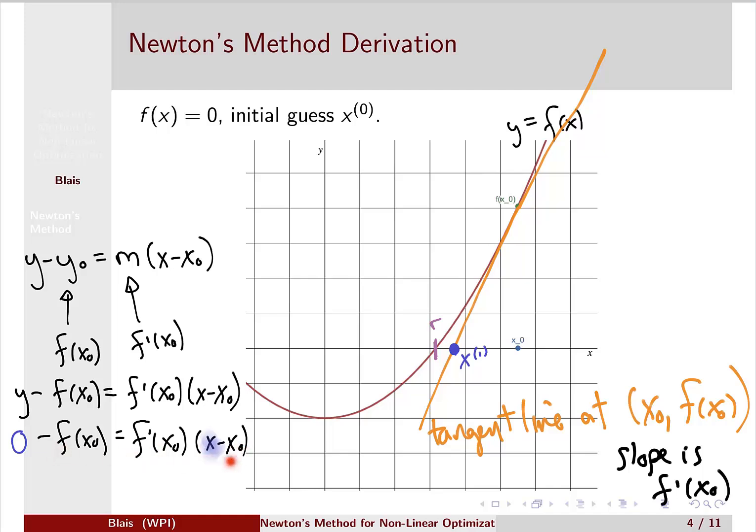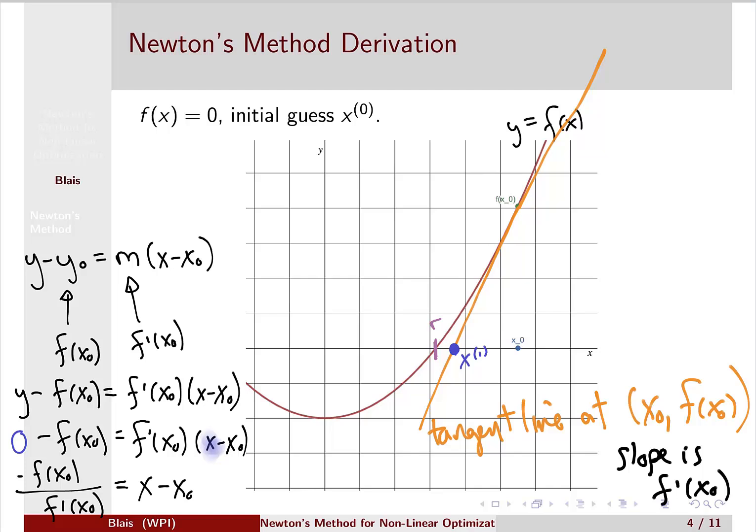What we have here is going to be one form of how we write down Newton's method, and the other, we solve for that x. So notice, solving for that x, we can divide both sides by f prime of x naught, as long as f prime of x naught is non-zero. And so we get negative f of x naught divided by f prime of x naught is equal to x minus x naught.